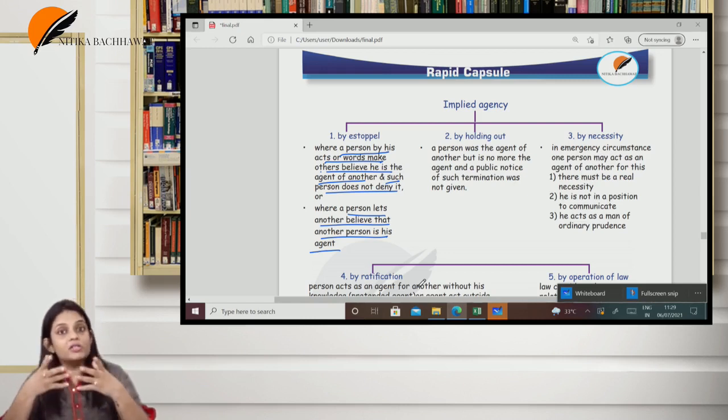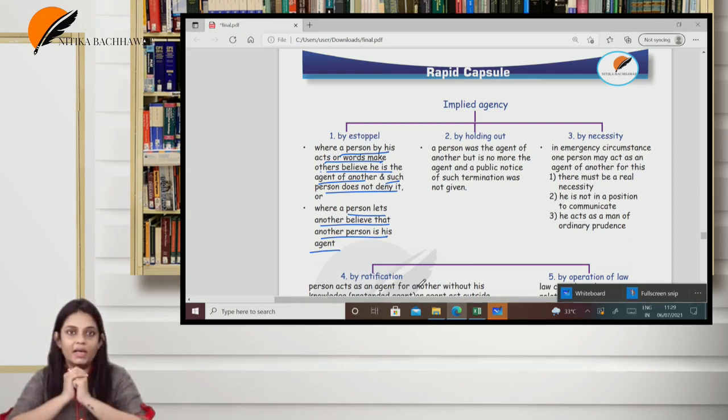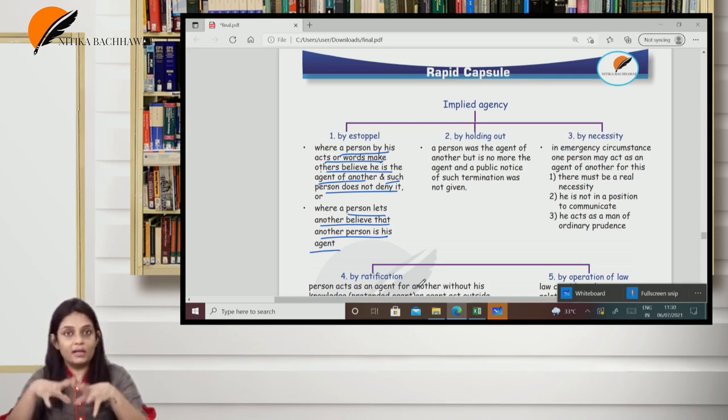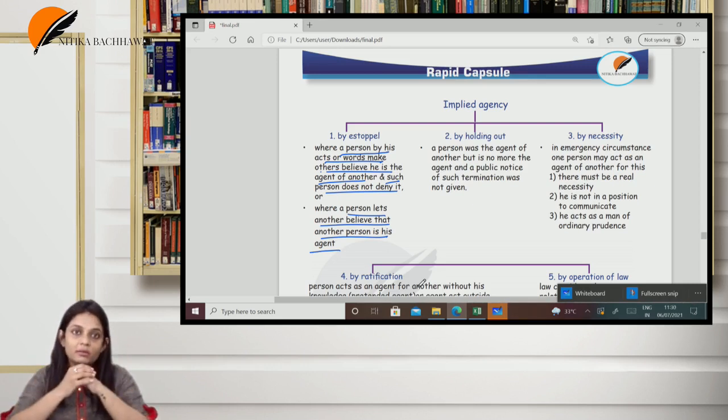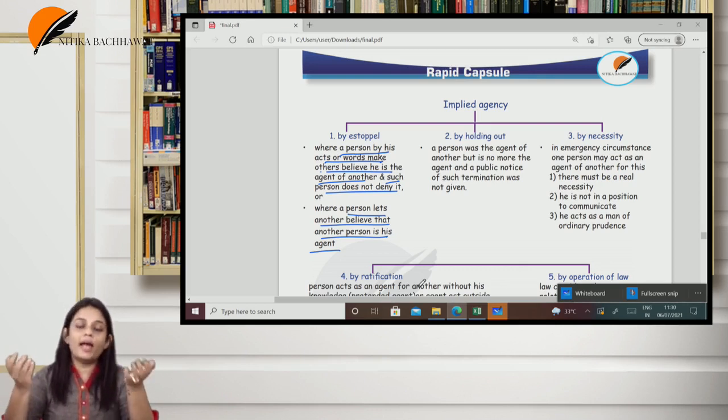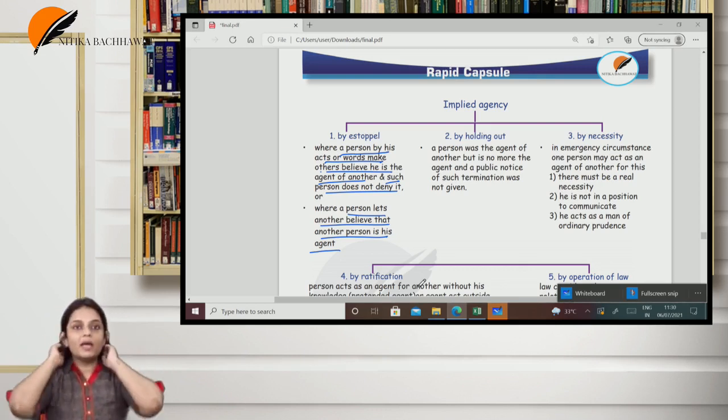Earlier, I was your agent, but now it is terminated. So when it is terminated, public notice should be given. Otherwise everyone will think I am still your agent. So if public notice is not given, people are still under the impression that I am your agent. And because people are still under the impression that I am your agent, if I make a contract in your name, they will believe it is on your behalf.